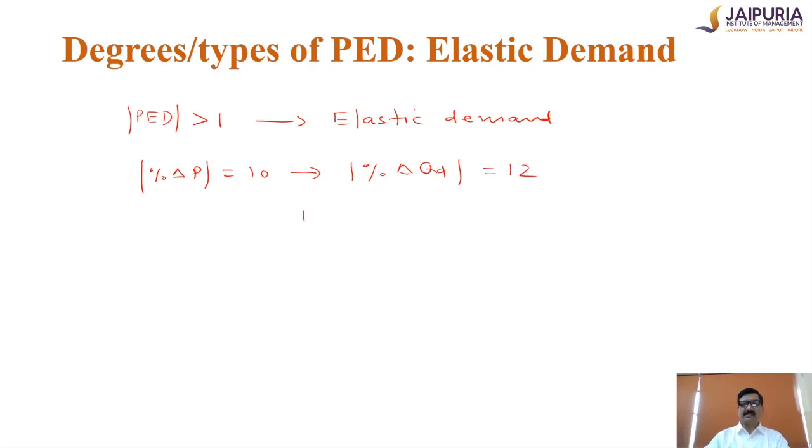So in this case, PED is equal to 12 upon 10, that is 1.2. And since it is greater than 1, in this case demand is elastic, which means the quantity demanded will change at a higher rate than the change in price of the product. That is why it is known as elastic demand.